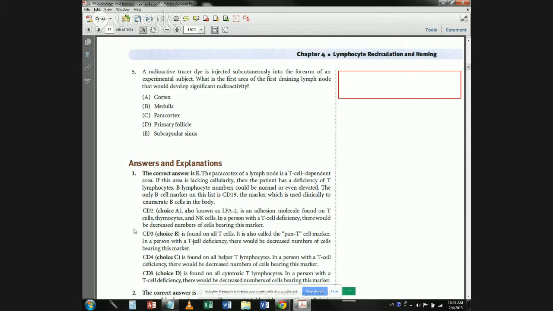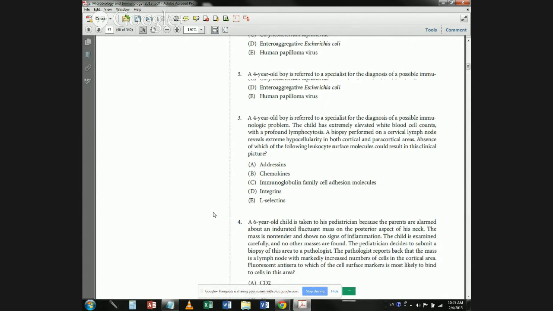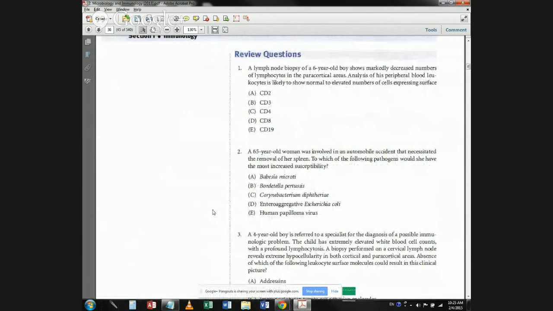And CD19 is on B cells. B cells also have 19, 20, 21. They also have IL alpha and IL beta. Remember? Okay, moving on. A 65-year-old woman was involved in an automobile accident that necessitated the removal of her spleen.